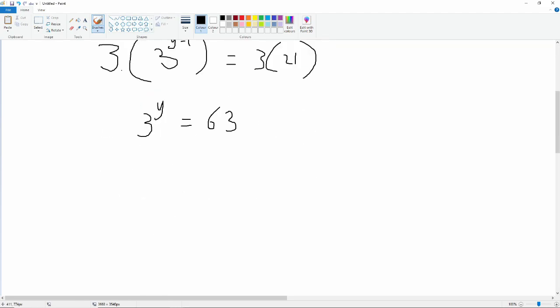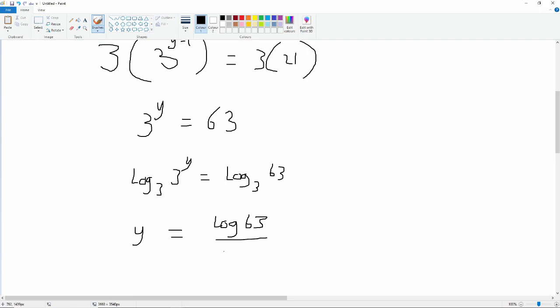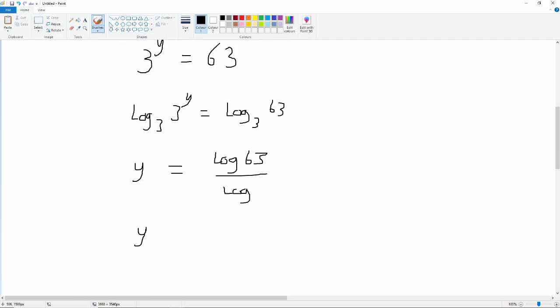And now we just go through the motions because it's dead easy from here on. This is just log to base 3 of 3 to the power y, which is just y, and that's equal to log to base 3 of 63. So that's just y is equal to log any base of 63 divided by log 3, and from there we just grab our scientific calculator.